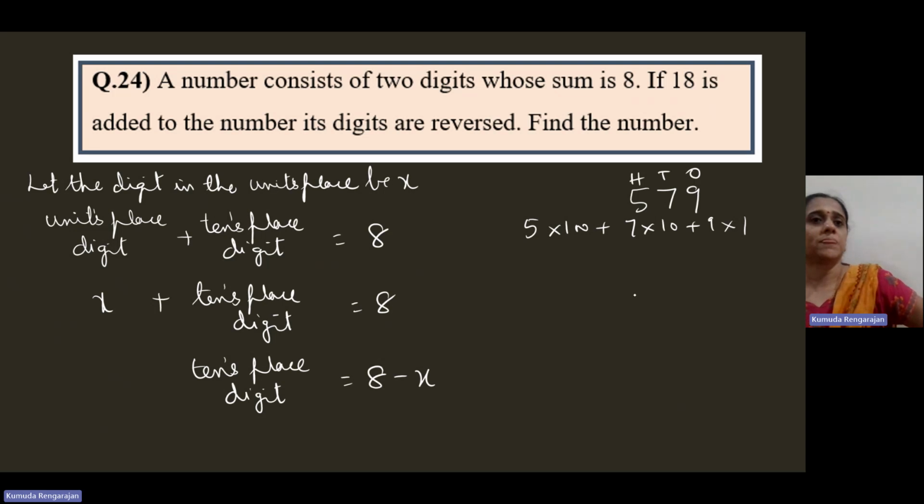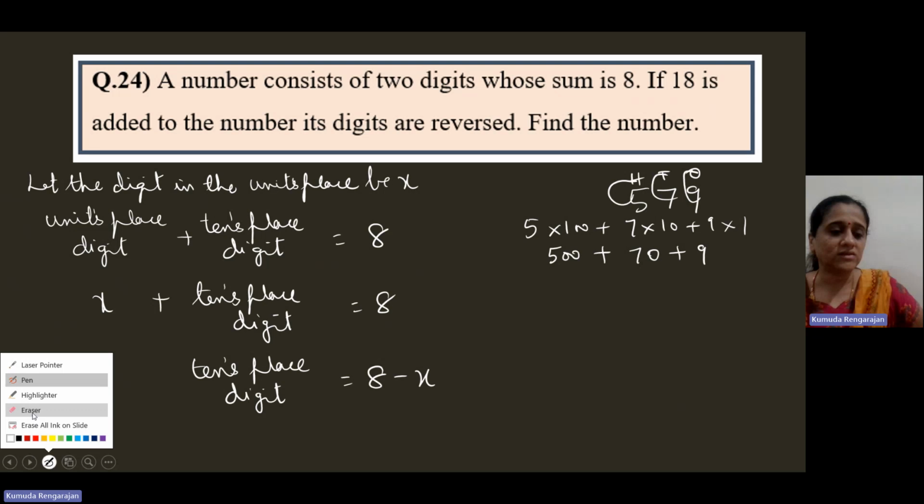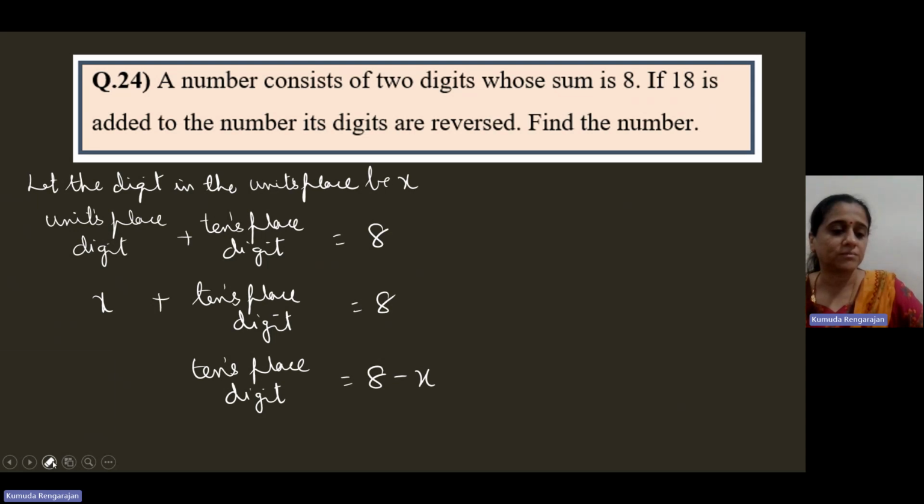It is the digit into the respective place value. So 500 plus 70 plus 9 is 579. Using this logic, we'll frame the expression for the number.